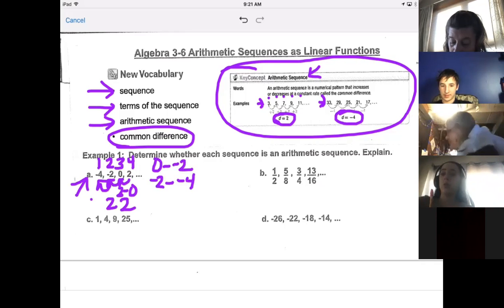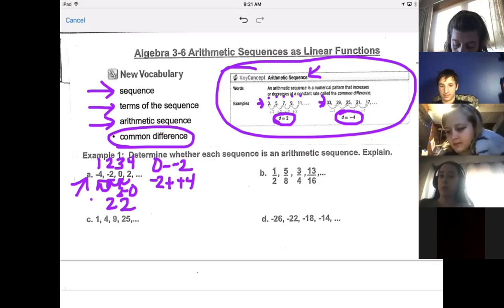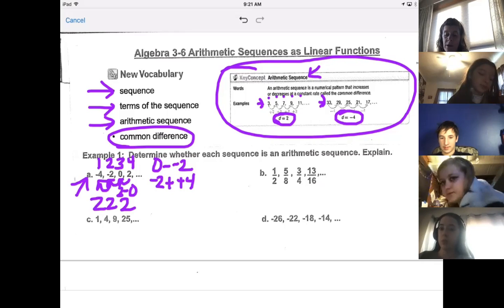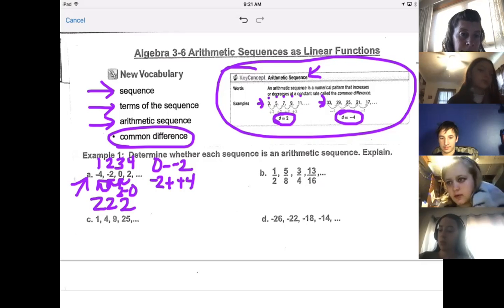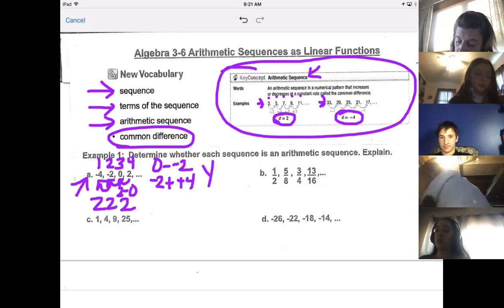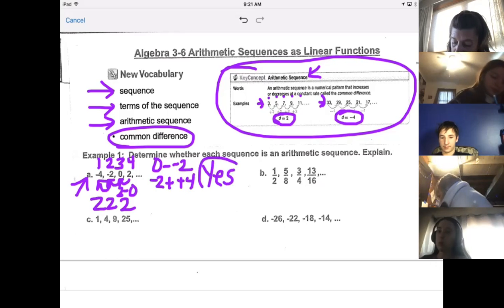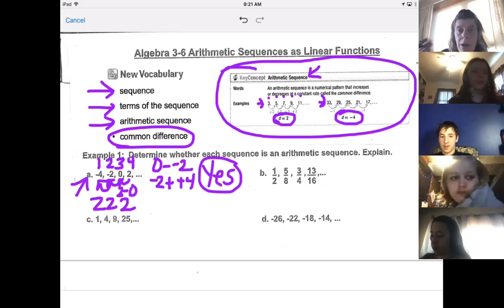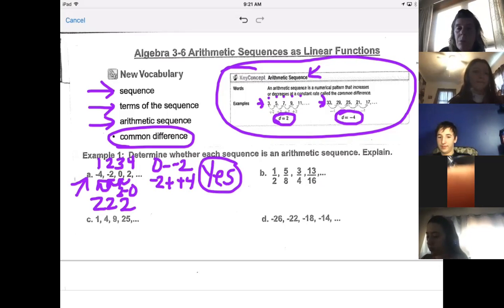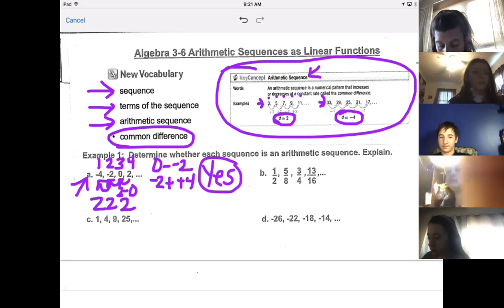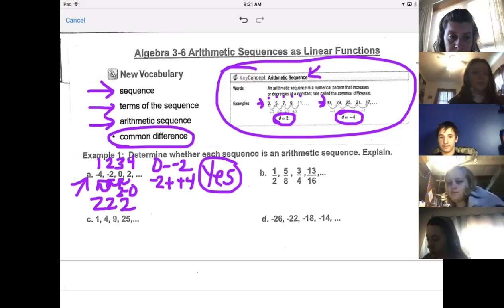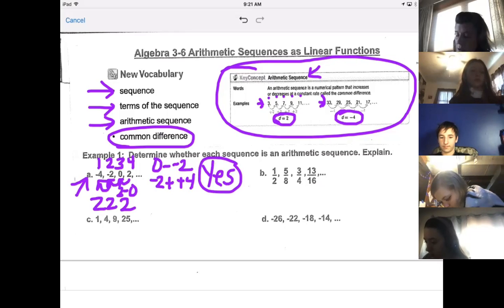Same change opposite. 2. So you guys, is that an arithmetic sequence? Yes, it is. And the reason we can tell is because when we subtracted over and over again, the next term minus the previous term, we got that same value, okay?